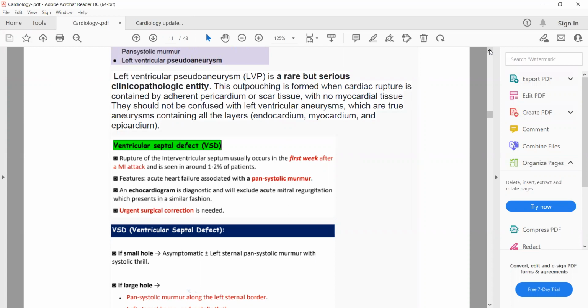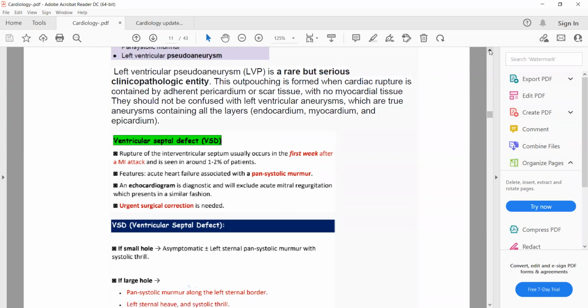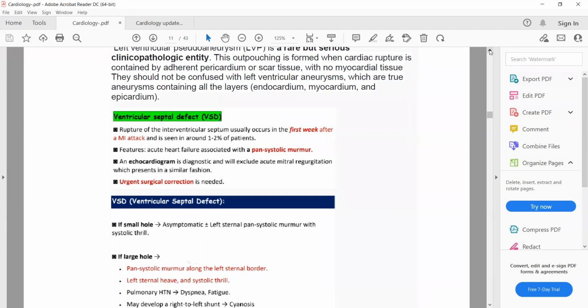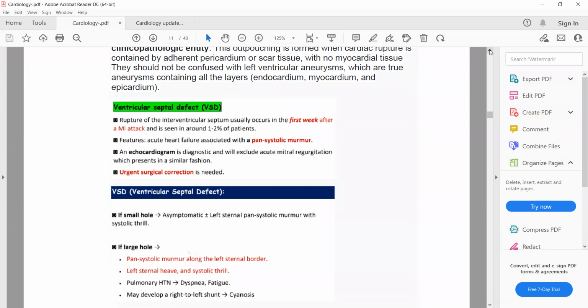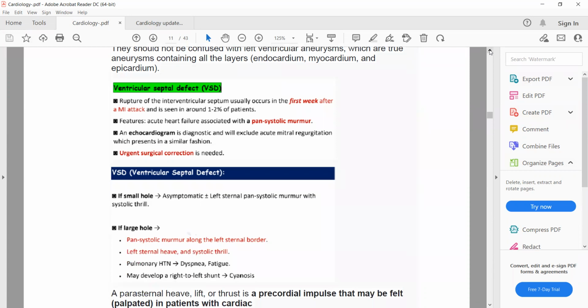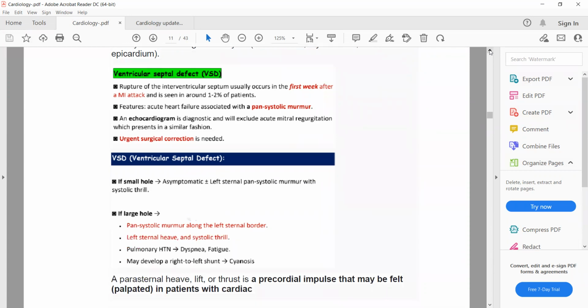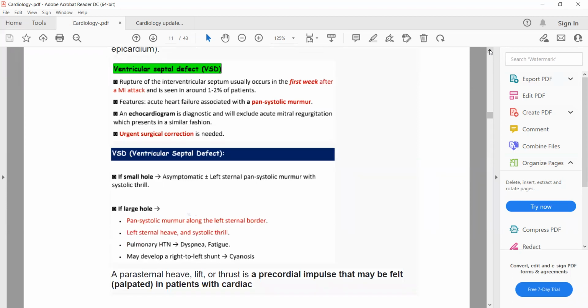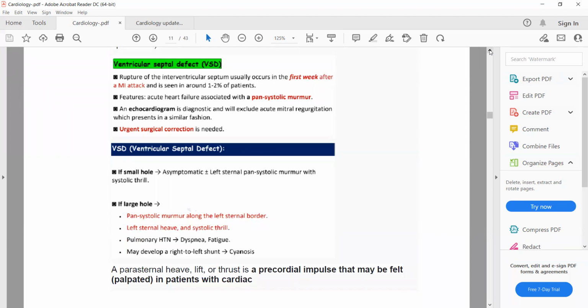So a person presenting with features of acute heart failure 1 to 2 weeks after MI and a pansystolic murmur radiating towards the axilla has acute mitral regurgitation. Otherwise, it can be ventricular septal defect as well, which can be confirmed on echocardiogram.